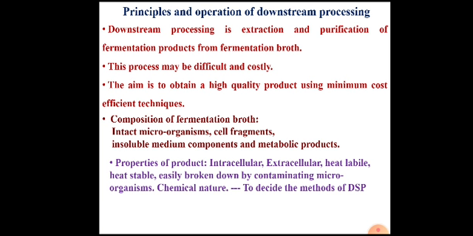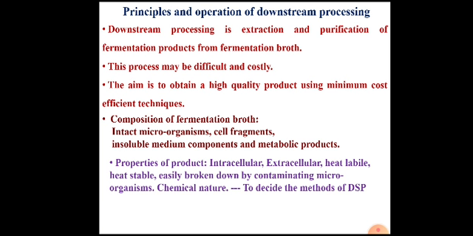Now, another point of consideration while recovering the desirable fermentation product from fermentation broth is the property of the product. Depending on the property or the characteristic of the product, we can choose a particular method of recovery or downstream processing.